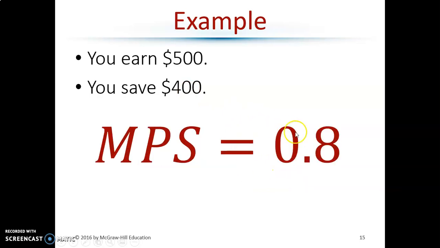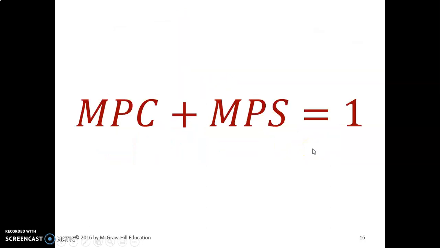And one thing you may have already noticed, this 0.8 right here, and the 0.2 when we calculated your marginal propensity to consume, after we saw that you spent 100, 0.8 plus 0.2, well, that equals 1. Always and forever, because again, economists say you can only spend your income or you can save it. You're not doing anything else with it. You can't do anything else with it.